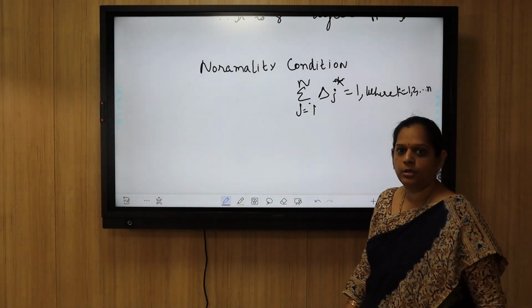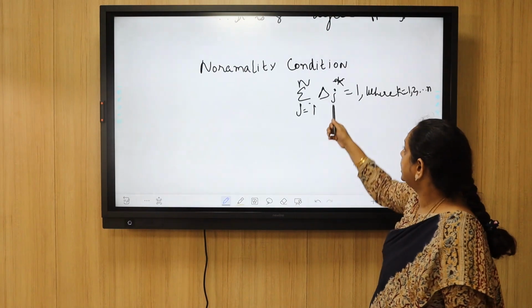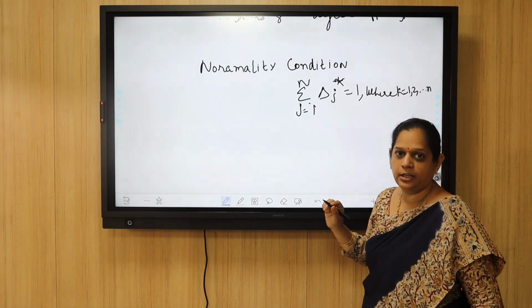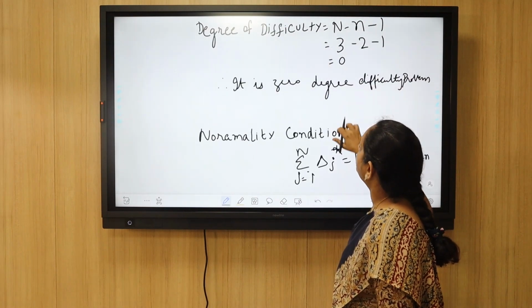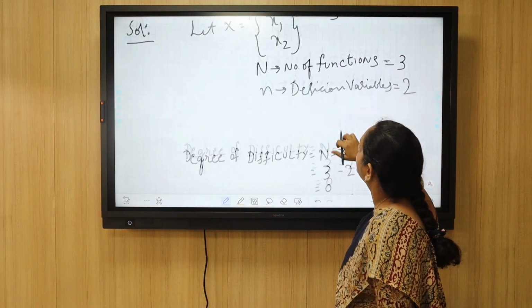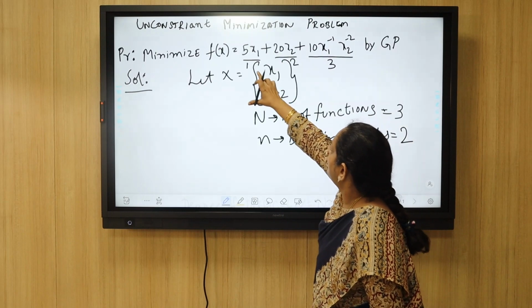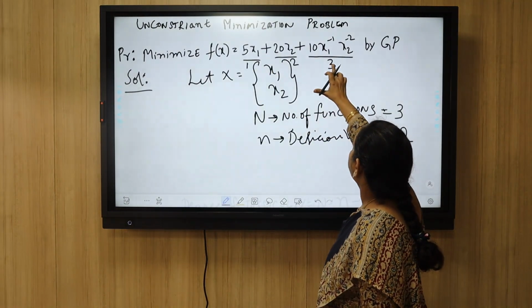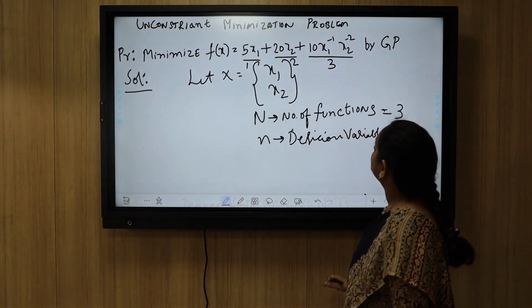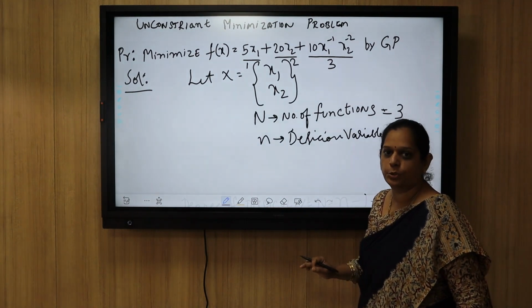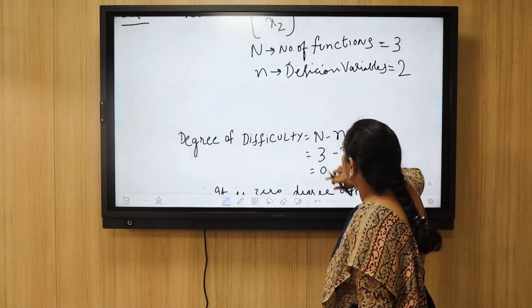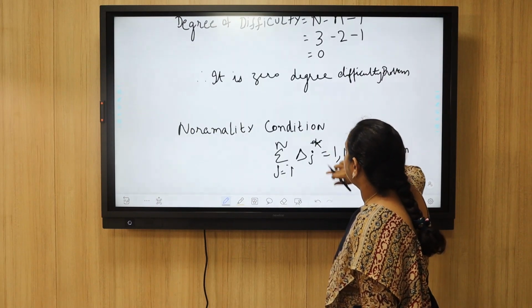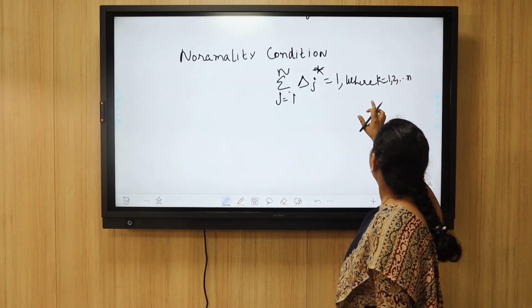Okay. Now you have to find what is in the problem. What is delta j? Here the problem is given as 5x1 plus 20x2 plus 10x1 whole to the power of minus 1 and 20x2 whole to the power of minus 2. So here the n value is 3. What will be the normality condition here? j is 1, 2, 3.